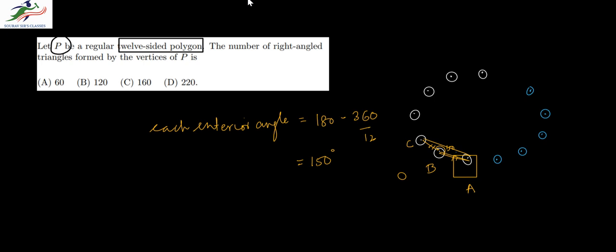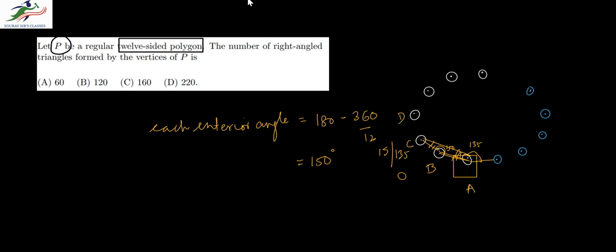So the other two angles will be equal: 180 minus 150, which is 30, divided by 2, 15. This angle made by A with C will be 15, and on the other side, this angle will be 150 minus 15, which is 135.